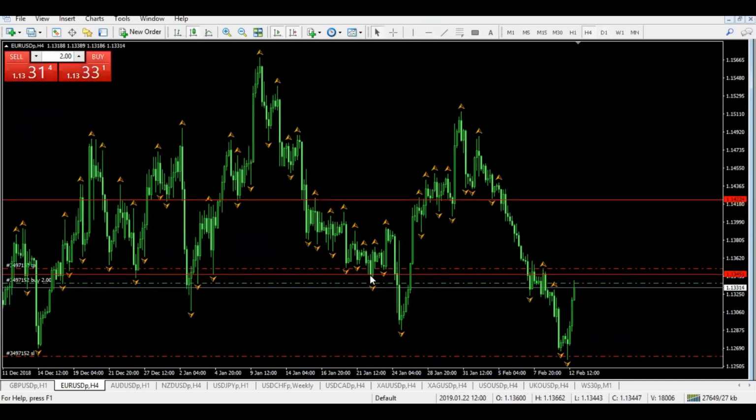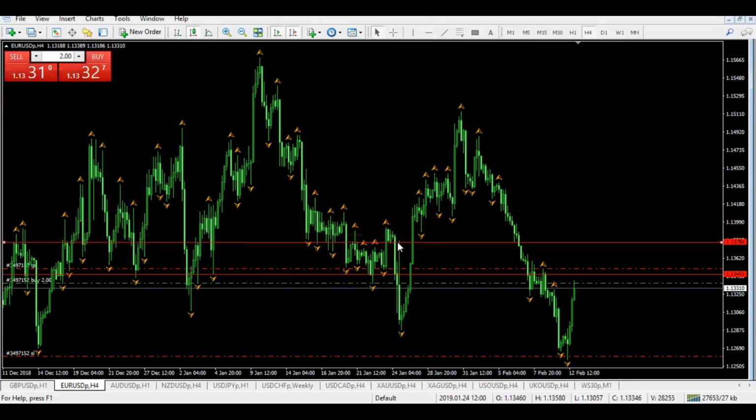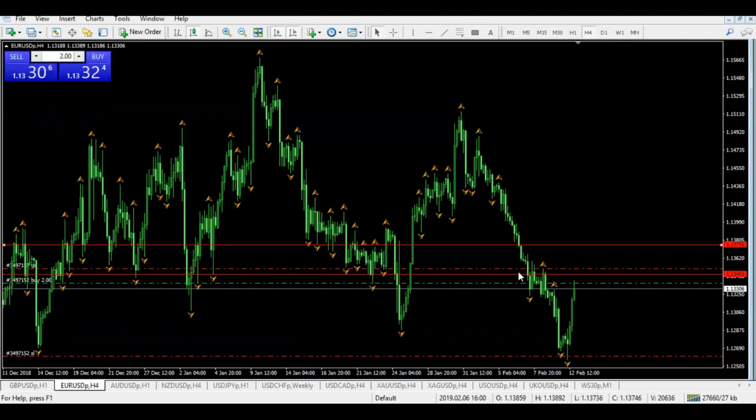But if you're in the 4-hour time frame, you choose your pivot and then you draw it. Now you're doing it by hand, but when you have the tools, you don't have to find it by yourself.